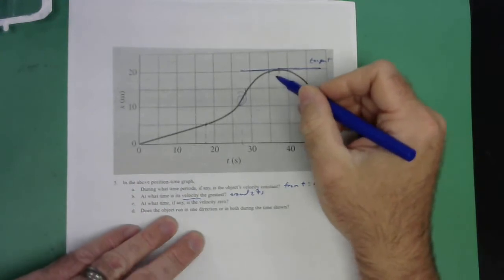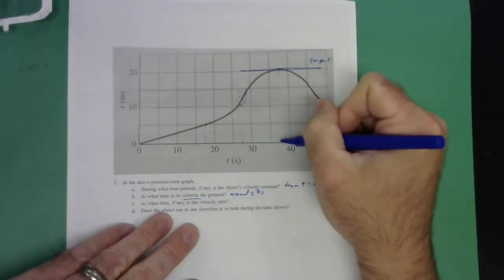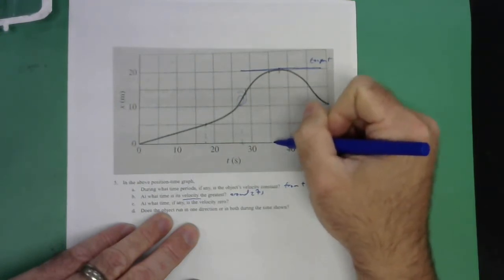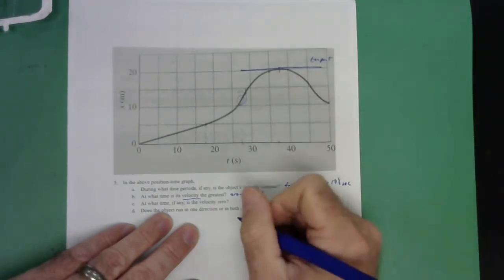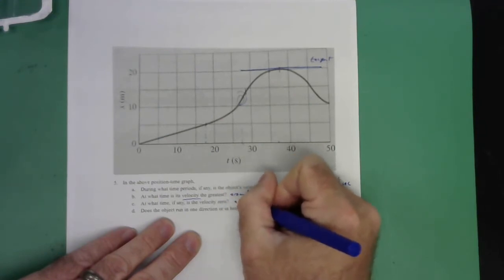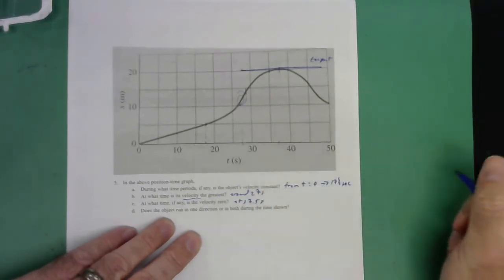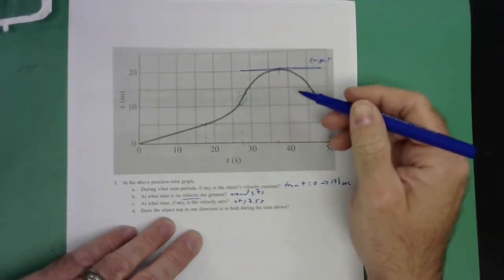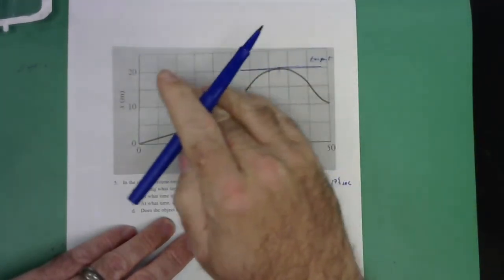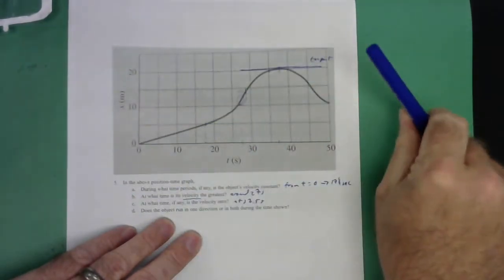And so I can say here that right at this time here, 37 and a half, it looks like at 37 and a half seconds is a spot where the velocity is 0. Now, it's not 0 for very long at all, for almost no length of time. It just kind of passes through that speed.